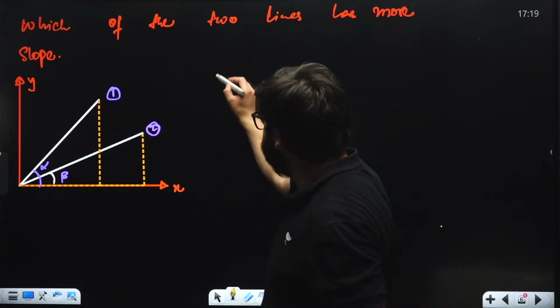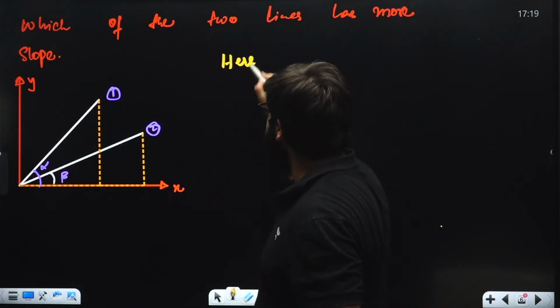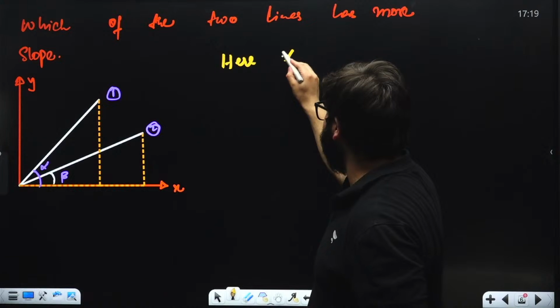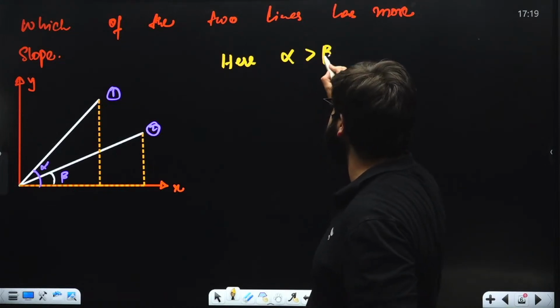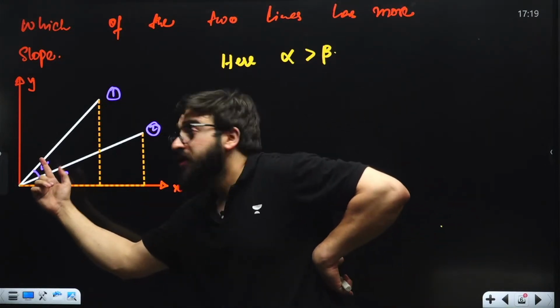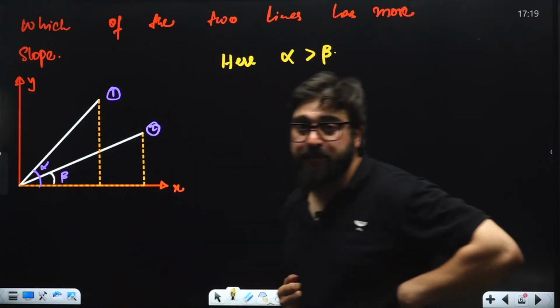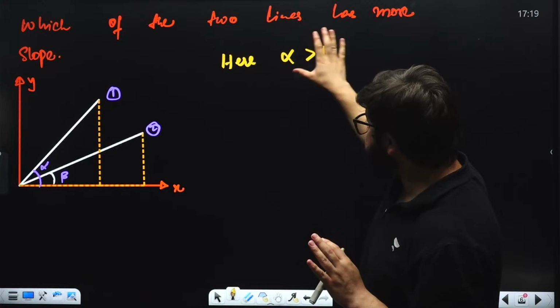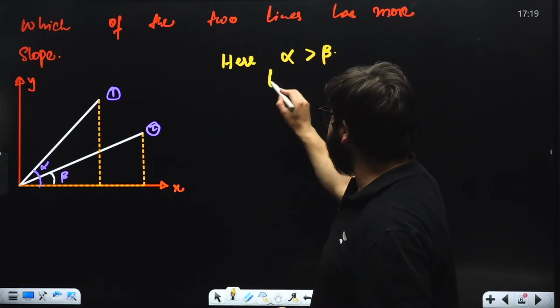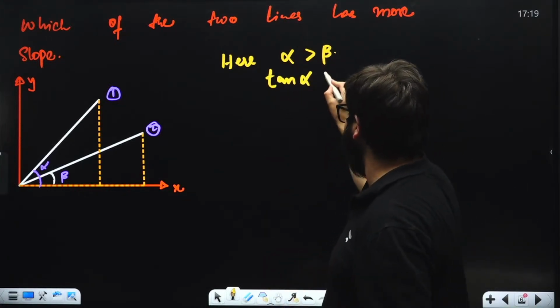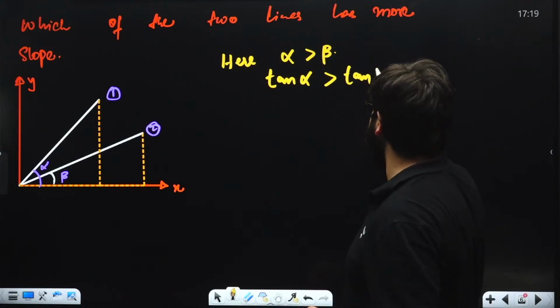Here, I can clearly say that alpha is greater than beta. This angle, which the first line is making with the x-axis, is greater than the beta angle. If alpha is greater than beta, I can clearly say tan of alpha is greater than tan of beta.